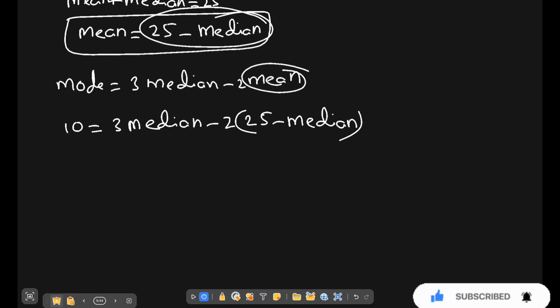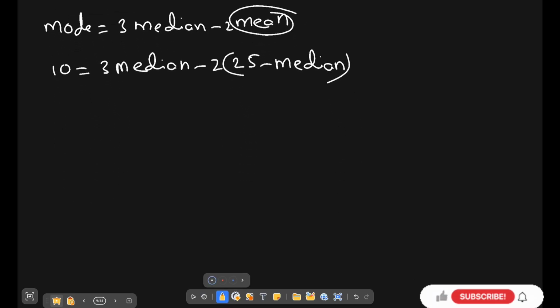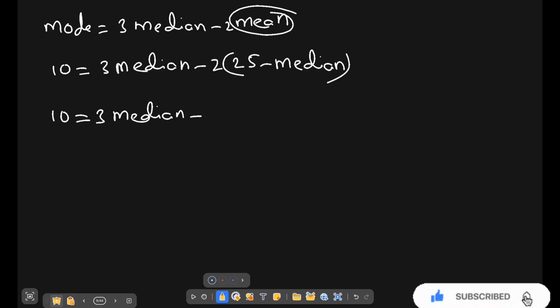So 10 is equal to 3 median minus 2 into 25, which is minus 50, plus minus 2 into minus median, which is plus 2 median. So that's how we got it here.